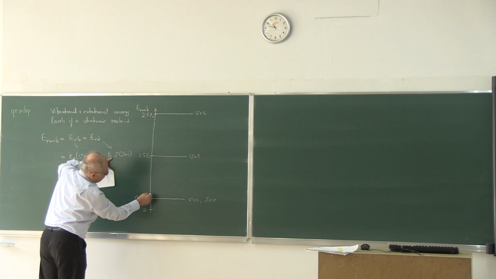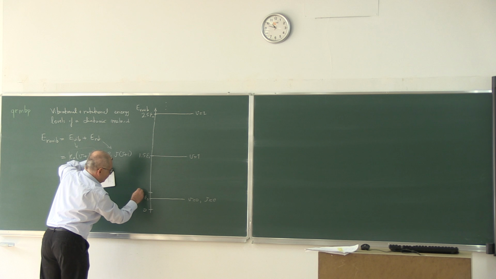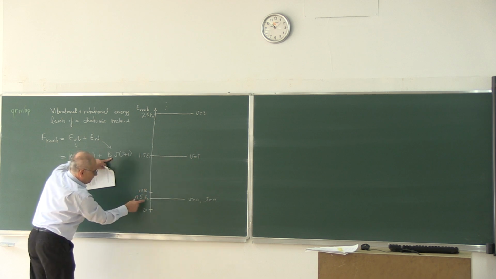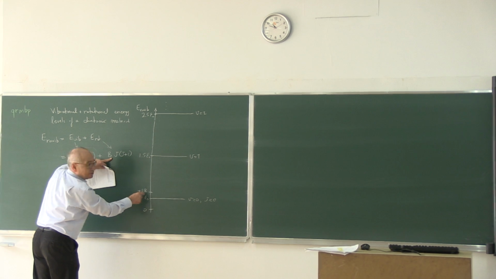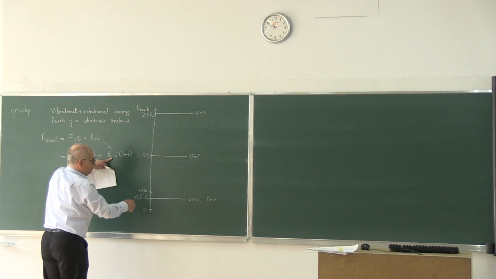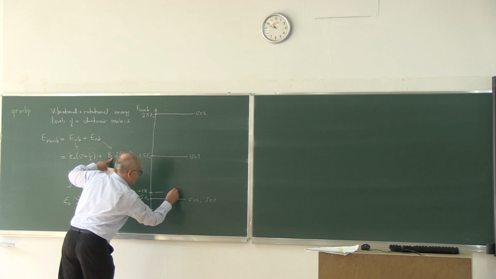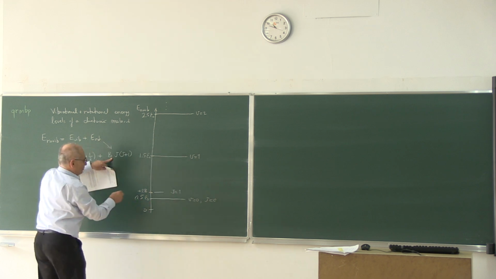So on the axis, I mean this value 0.5 F0 plus 2B. So here we have a rotational level. This is for J equals 1.